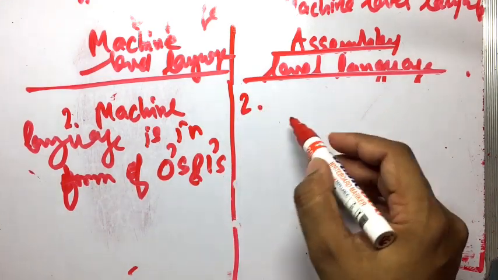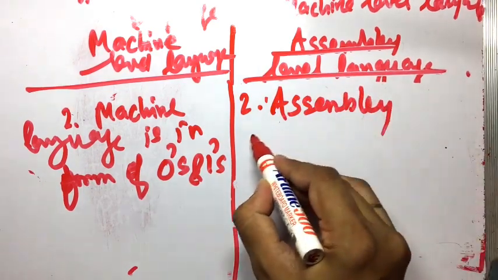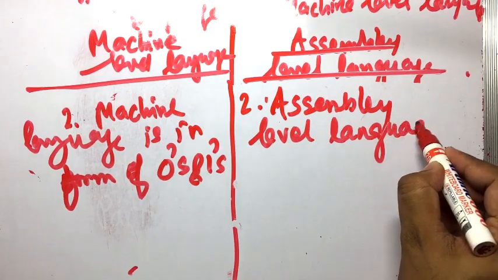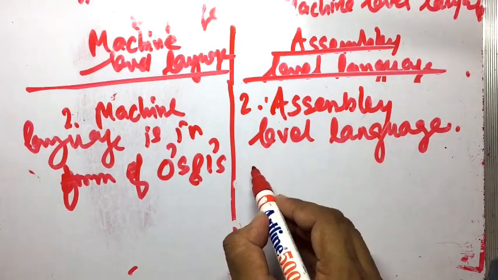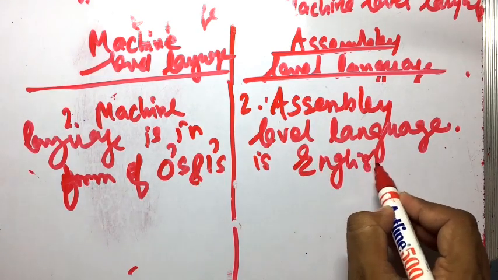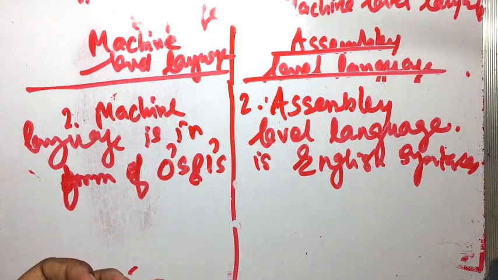And assembly level language is English-like syntax. So this is the second difference.